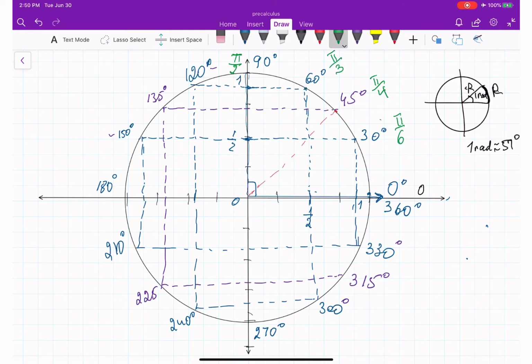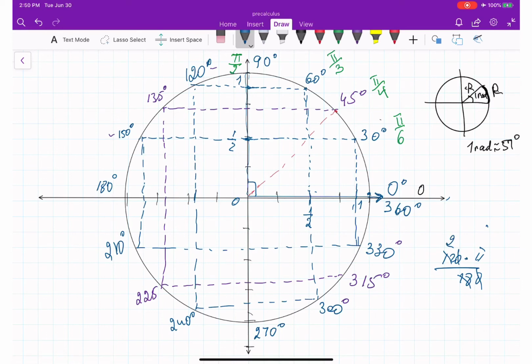Okay, and 120 I'll show you, and the rest I can fill up because you already know how to calculate, right? Okay, so 120 times pi over 180. So 0 is gone with 0. 12 and 18 can be reduced by 6.